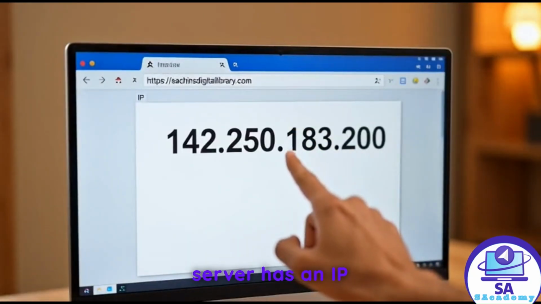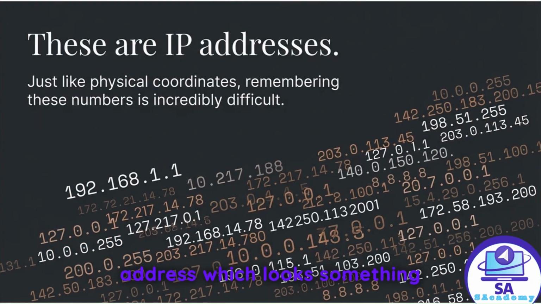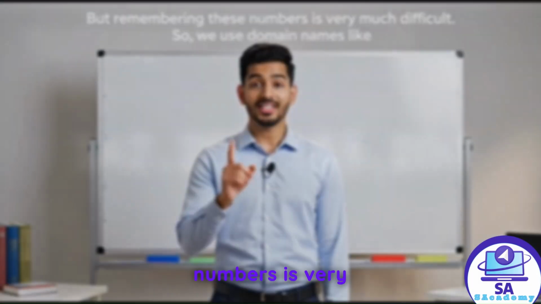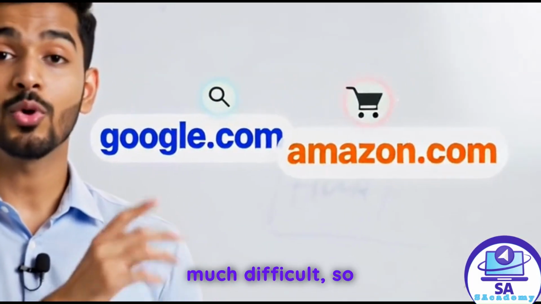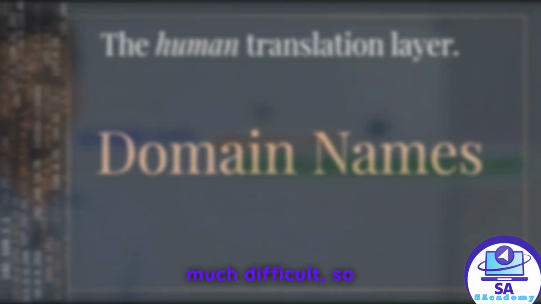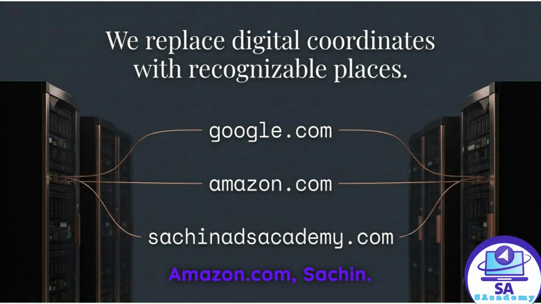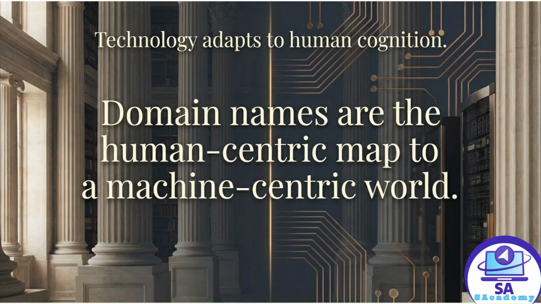Every server has an IP address which looks something like 142.250.183.200. But remembering these numbers is very difficult. So we use domain names like google.com, amazon.com, sachinadi.academy.com.